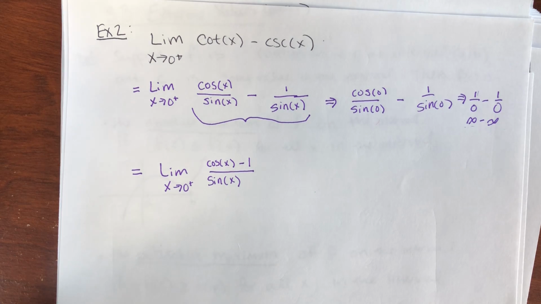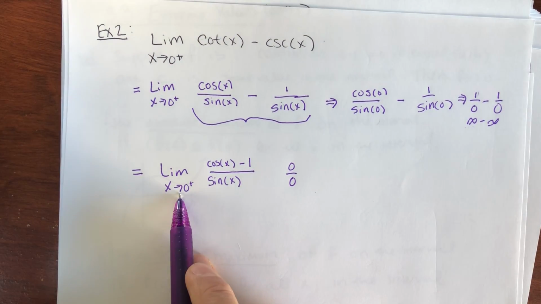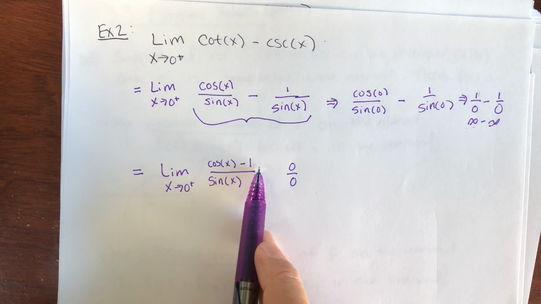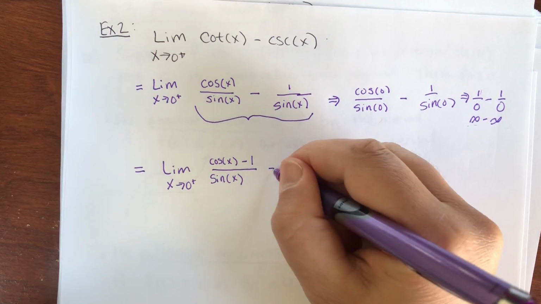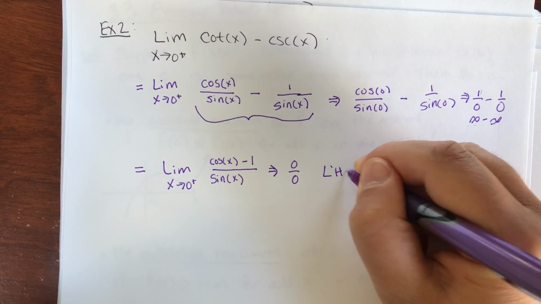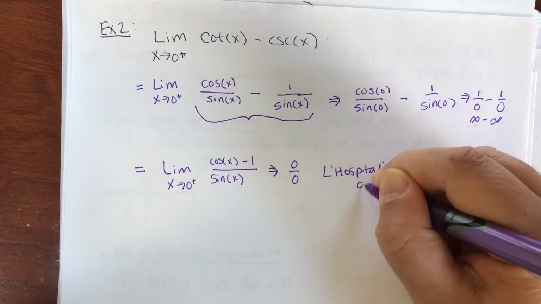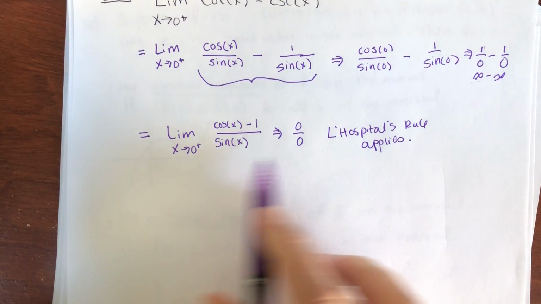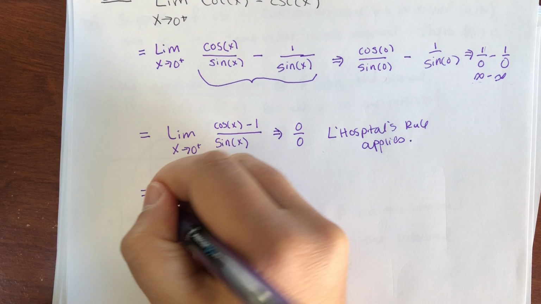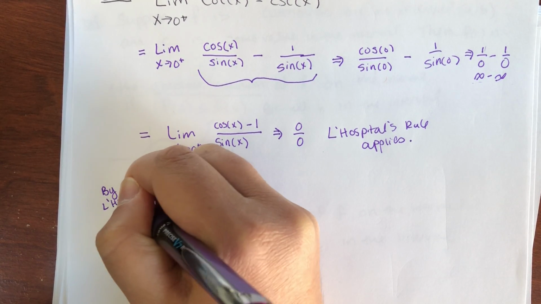All right, now this is an indeterminate form of the type 0 over 0, because if I plugged in x equals 0, I'd get 1 minus 1 over 0. Right, cosine of 0 is 1, sine of 0 is 0, which means L'Hopital's rule now applies. Okay, so by L'Hopital's rule, we can take the derivative of the top and the bottom, and the limits will be equal.